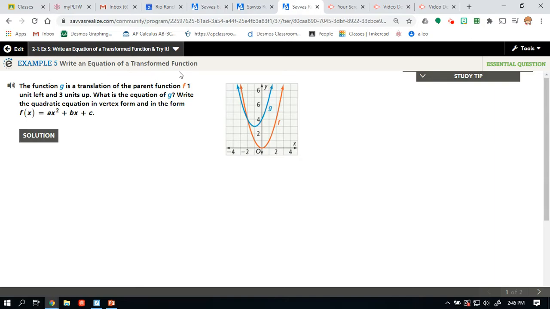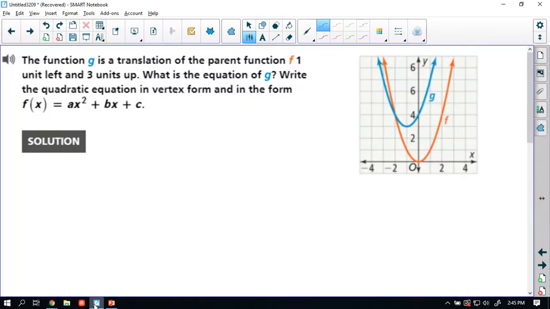Write the quadratic equation in vertex form and in the form f of x equals ax squared plus bx plus c. So I'm going to start here and I'm going to look. I know that my new vertex here, we've moved up 3 over 1.